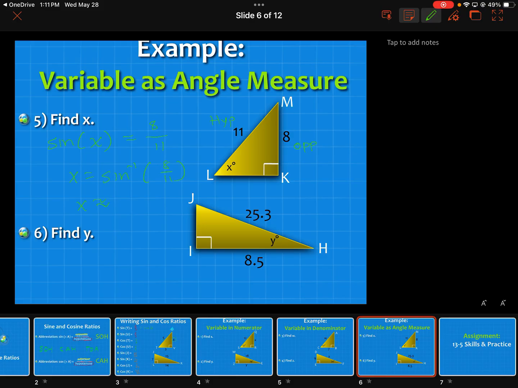So you have to use inverse sine. Tangent had an inverse. Sine does also. Hit the second button first. Anytime you want an angle, hit the second button first, whether it's sine, cosine, or tangent. 46.66.